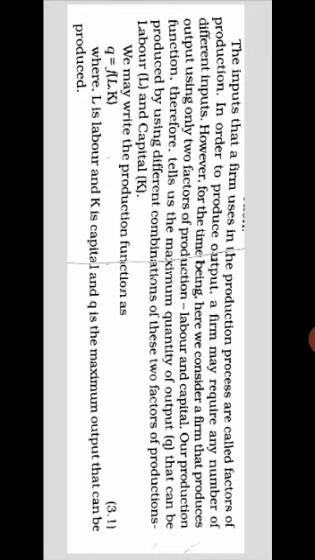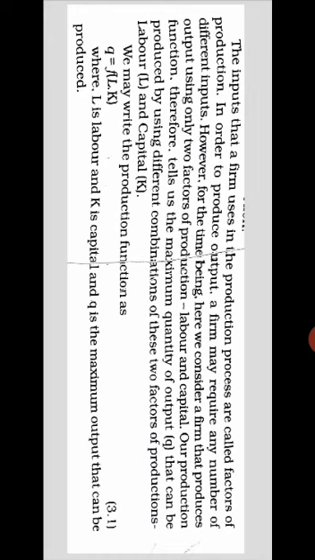We may write the production function as Q is a function of labor and capital. We rewrite the demand equation as P is equal to F of D for the demand function. In the same way we can write it for the production function. So Q is a function of labor and capital.